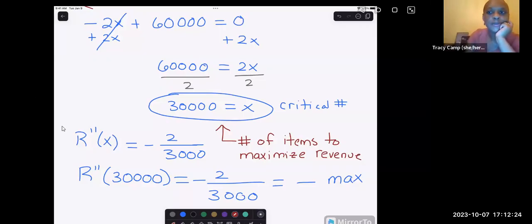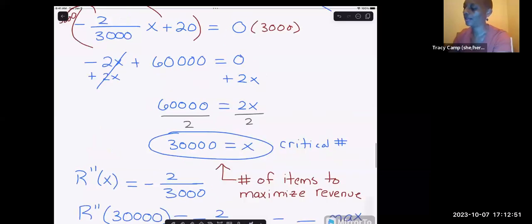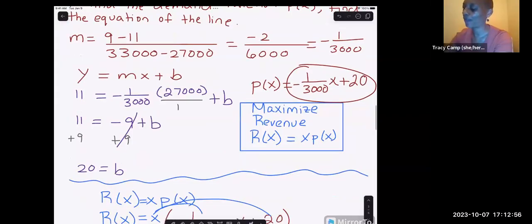But then if you go back to the problem, notice the problem doesn't really ask us for the number of items that would maximize our revenue. The problem is asking us for the price that would maximize our revenue. So what we have to do is take our number of items and plug them into our formula for the price, which was the demand function, because the demand represents price.